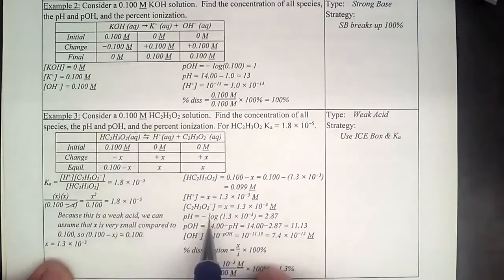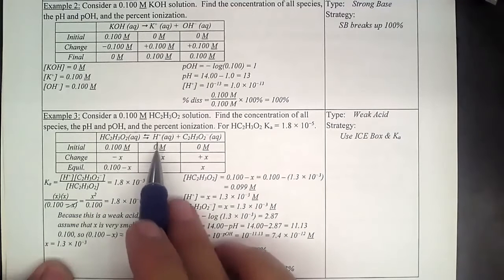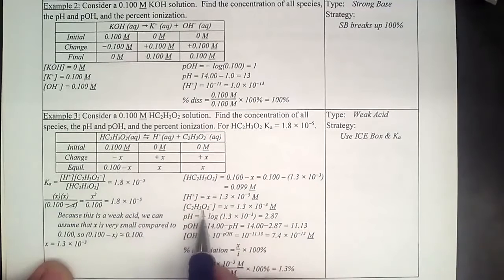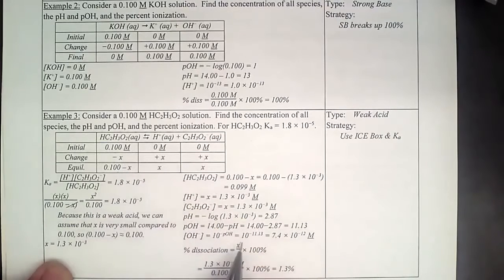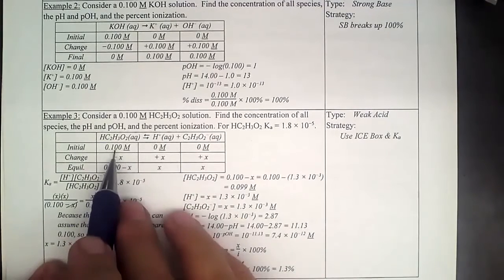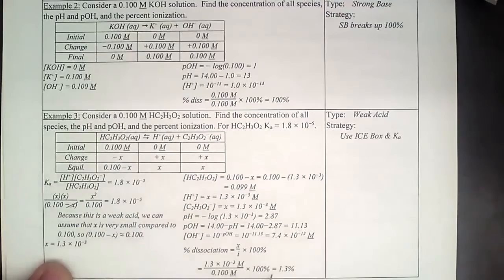The pH will be the negative log of the H plus concentration, which is x. pOH can be 14 minus that, and the OH molarity can be inverse log of negative pOH. And the dissociation amount will be the X amount, because X is the amount that moved over, right? Divided by the original molarity, and that's our percent dissociation.